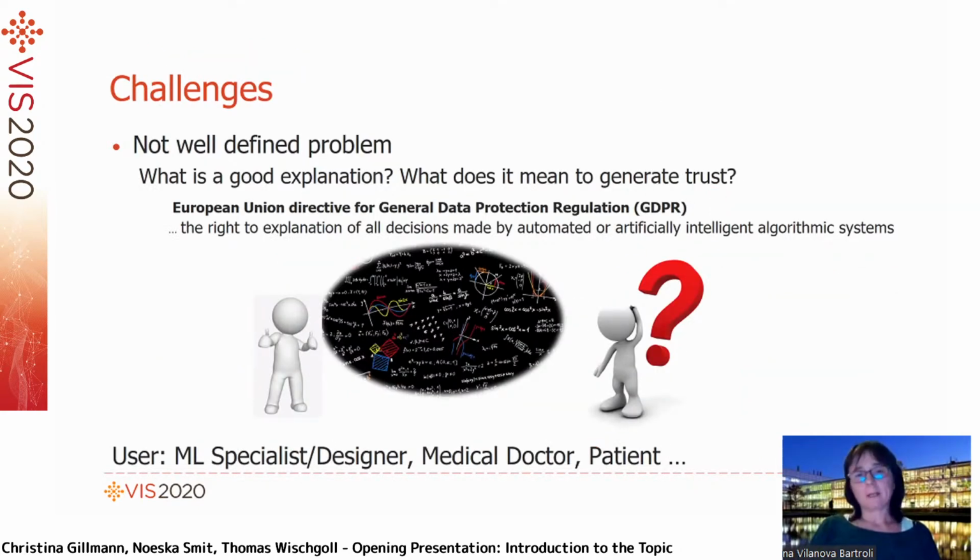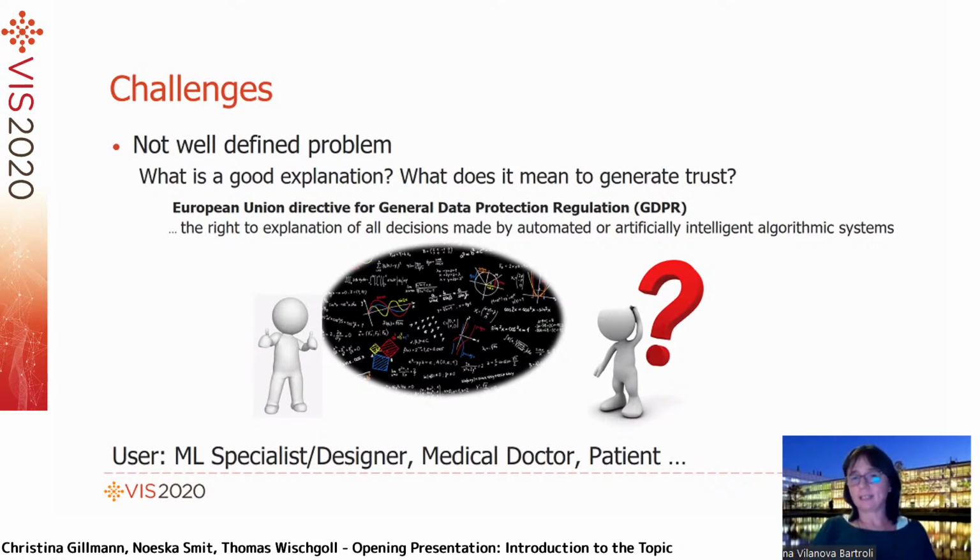So, apart from what I described, that new methods have to be defined, I think there are a lot of challenges in this direction. One of them is that, in general, this is a problem that is not so well defined. What is a good explanation? Often it's also said that you want to generate trust. What does it mean exactly to generate trust? This is a rather vague definition. Also, the GDPR directive says you have the right to an explanation.